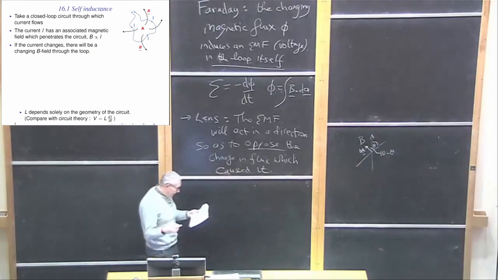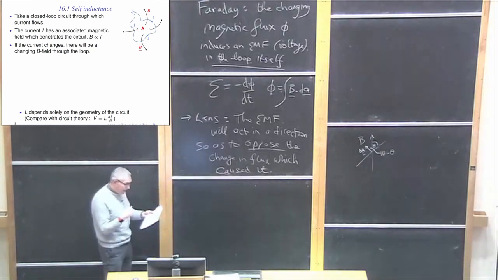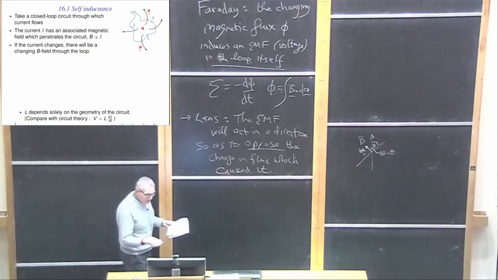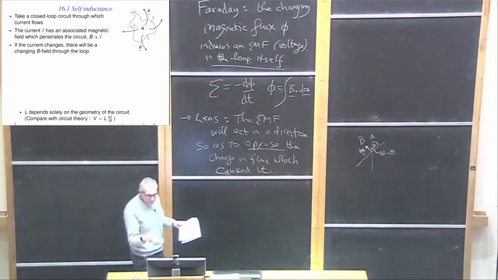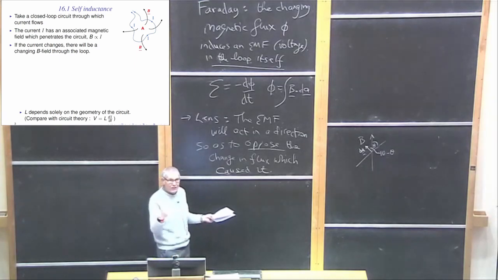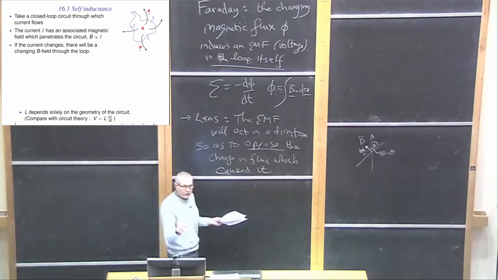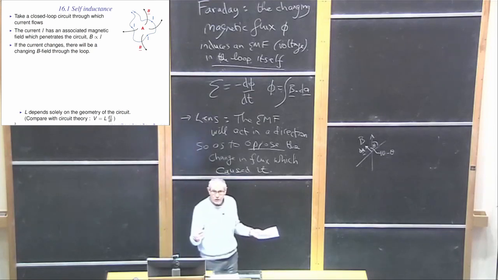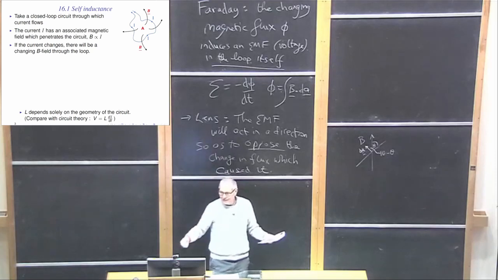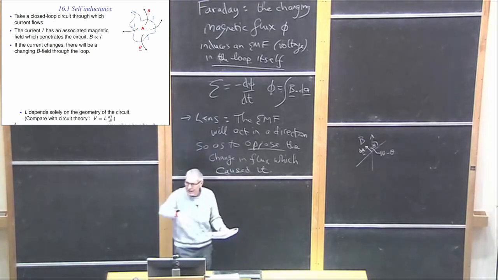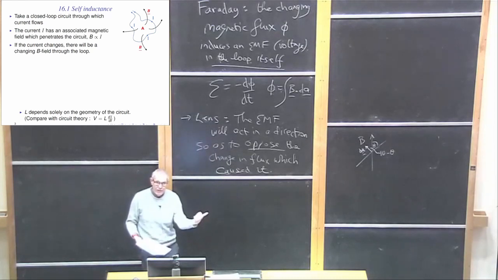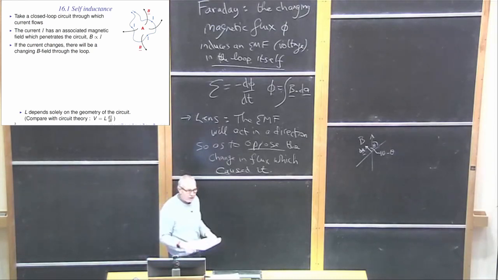What this means is that this coil presents a resistance to any changing current, because this field induces an EMF, a back EMF, which reduces the current.